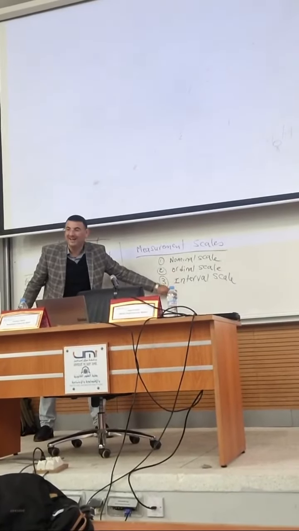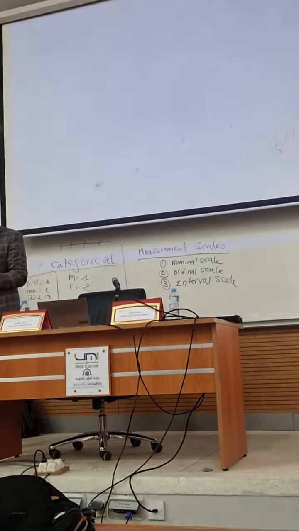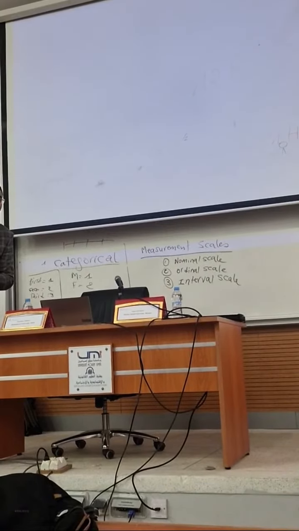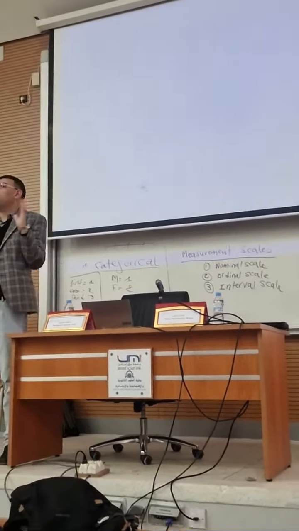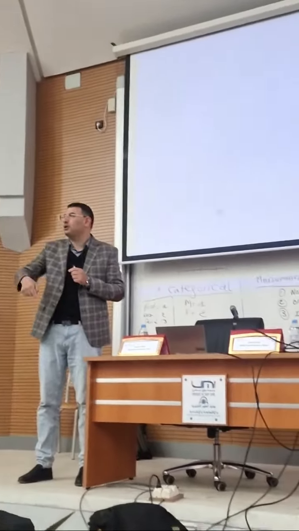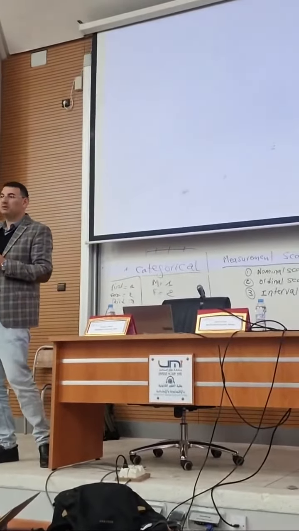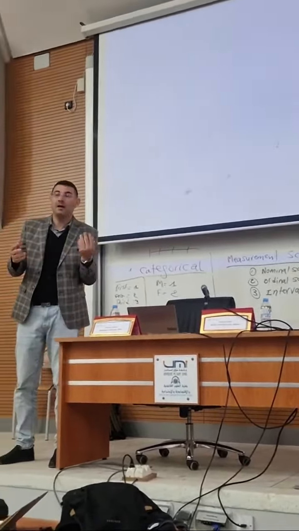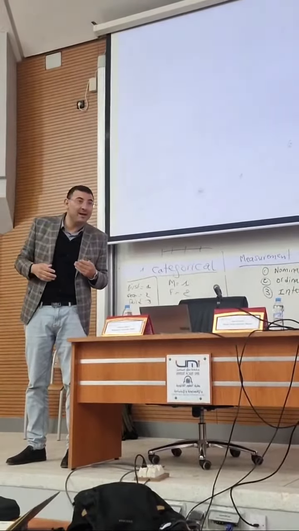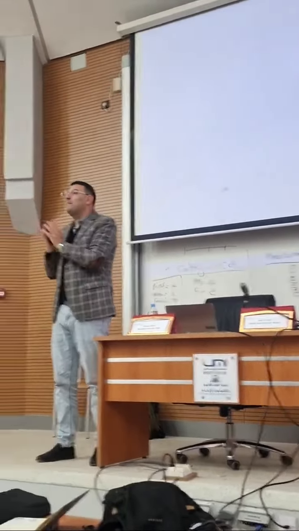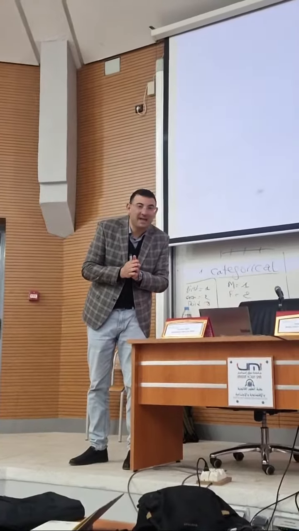But here not. For instance, we have the variable of age. One way of doing it is to say 13 and a half, 14 and a half, 14 and 6 months, etc. But une autre façon de le faire, c'est d'avoir ce qu'on appelle des tranches d'âge. Age groups.